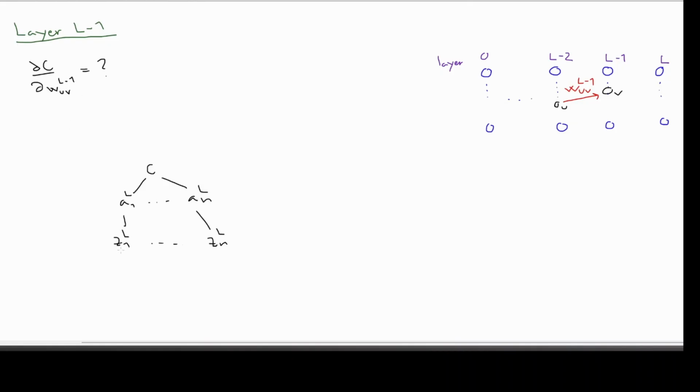This is something we do for any variable. If we were differentiating with respect to some arbitrary variable x, we'd include x here. But here we're differentiating with respect to the weight W UV, L-1.